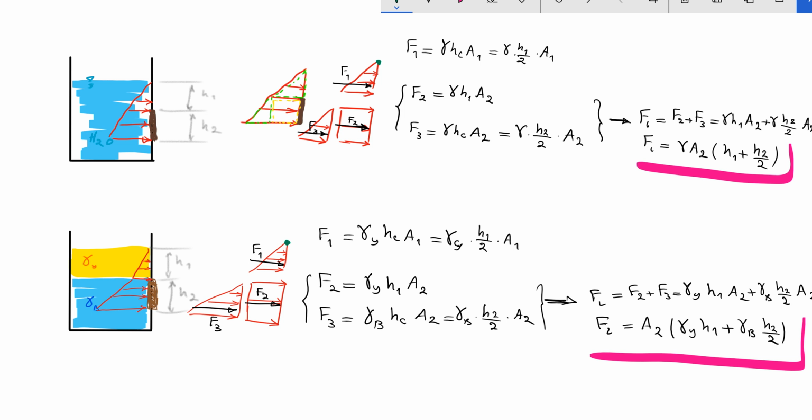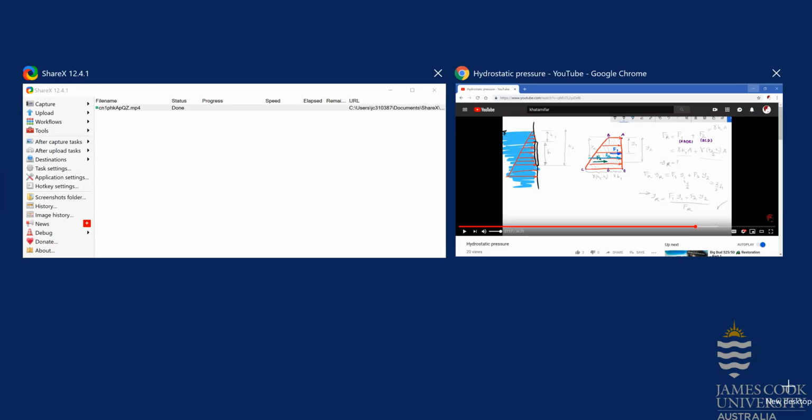For example, here it is going to be Fr, here Fr, and you can find this distance. Let's call it HR. Okay, which is really easy. Okay, thank you very much, and see you next time.